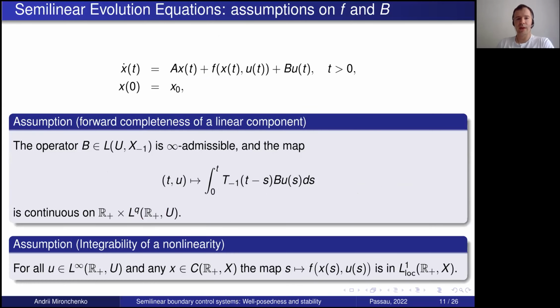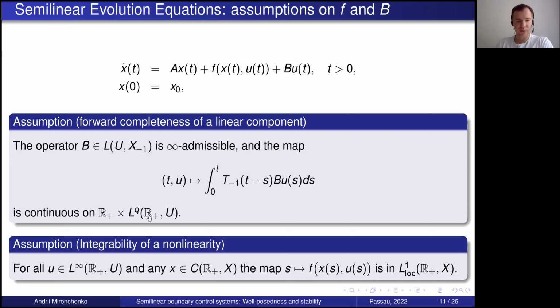Now let's go back to our class of semi-linear systems. Now we have this nonlinearity, and we already know that to have some nice theory, we need to assume some good properties from B. And we assume that it is infinity-admissible. So this means that this map is well defined and it maps to X for inputs from the class L infinity.